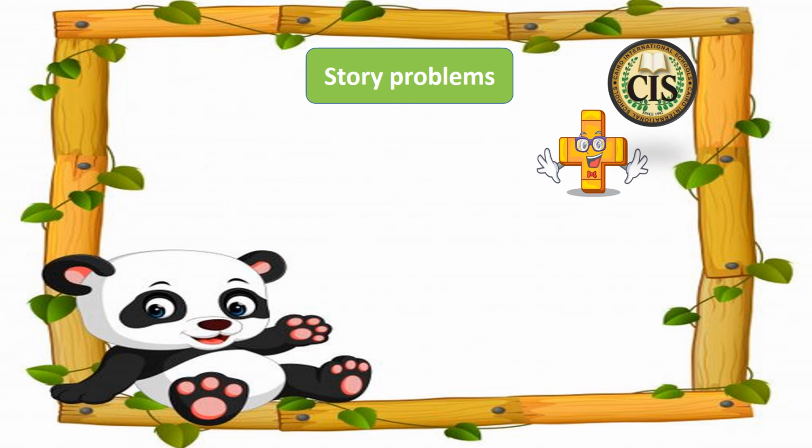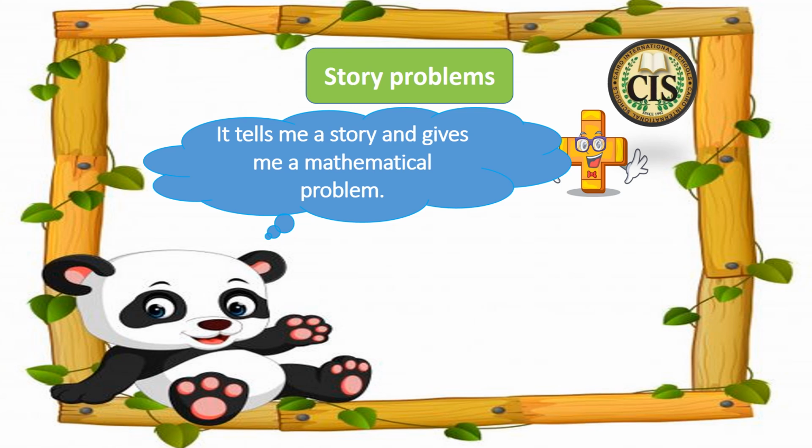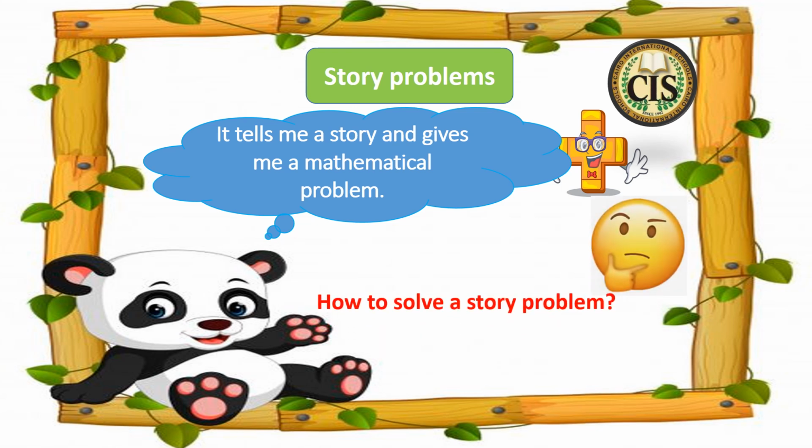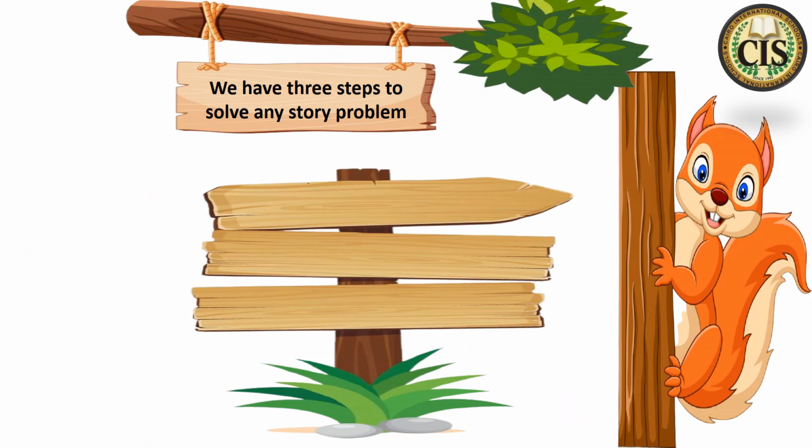Now we will study story problems. Story problem tells me a story and gives me a mathematical problem. So, how to solve a story problem? Let's see together. We have 3 steps to solve any story problem.